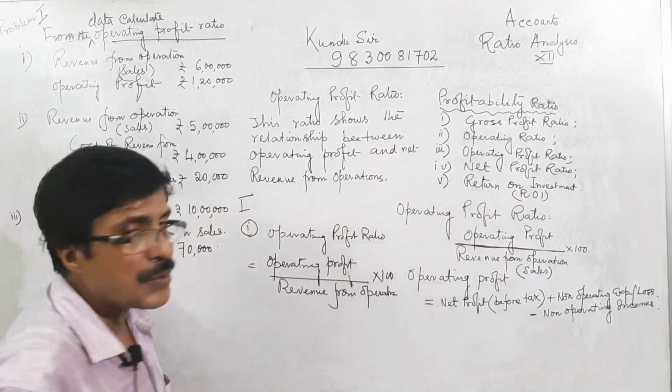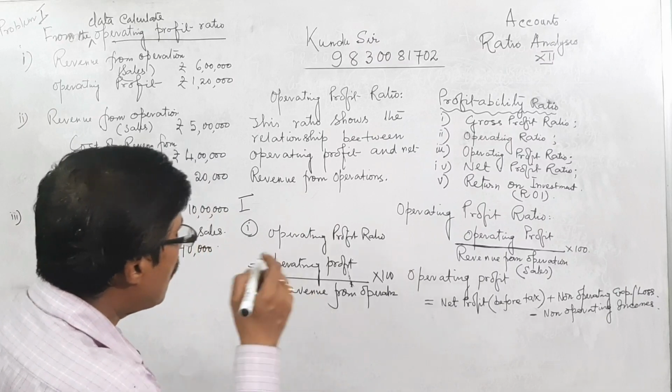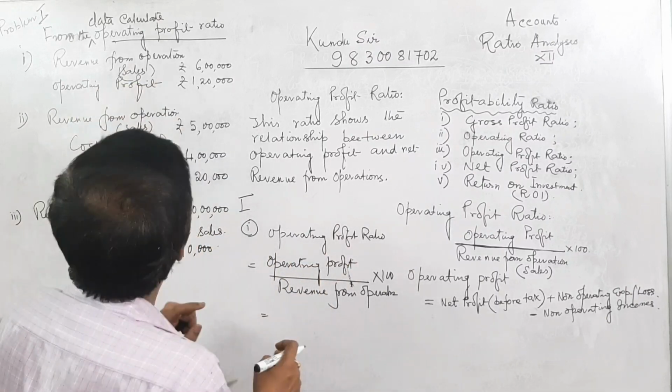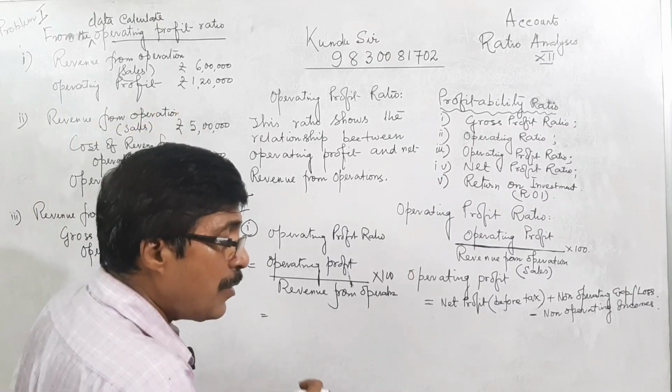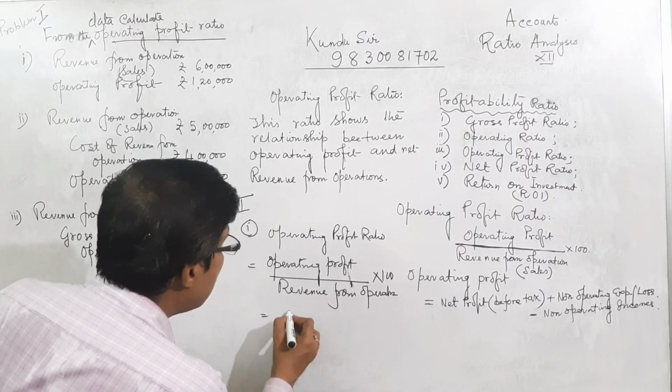Usually these ratios are expressed in terms of percentage. So here, what is the problem? Operating profit is mentioned here. What is operating profit? 1,20,000.